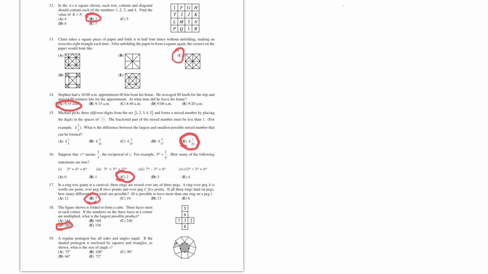Question 19. A regular pentagon has all sides and angles equal. If the shaded pentagon is enclosed by squares and triangles as shown, what is the size of the angle X? Let's draw the pentagon first. 1, 2, 3, 4, 5.